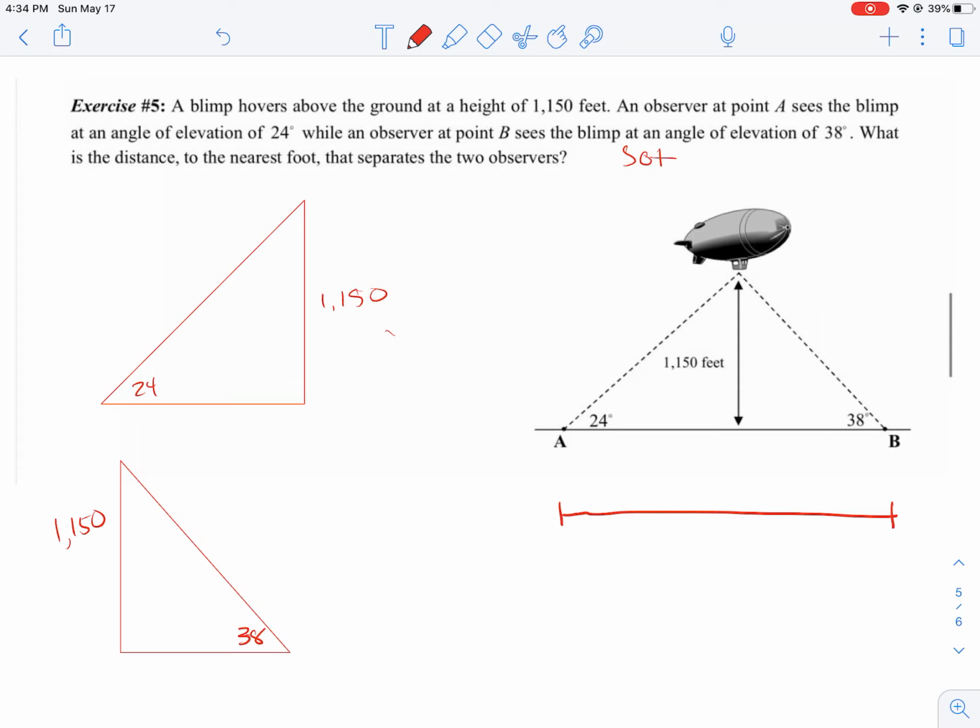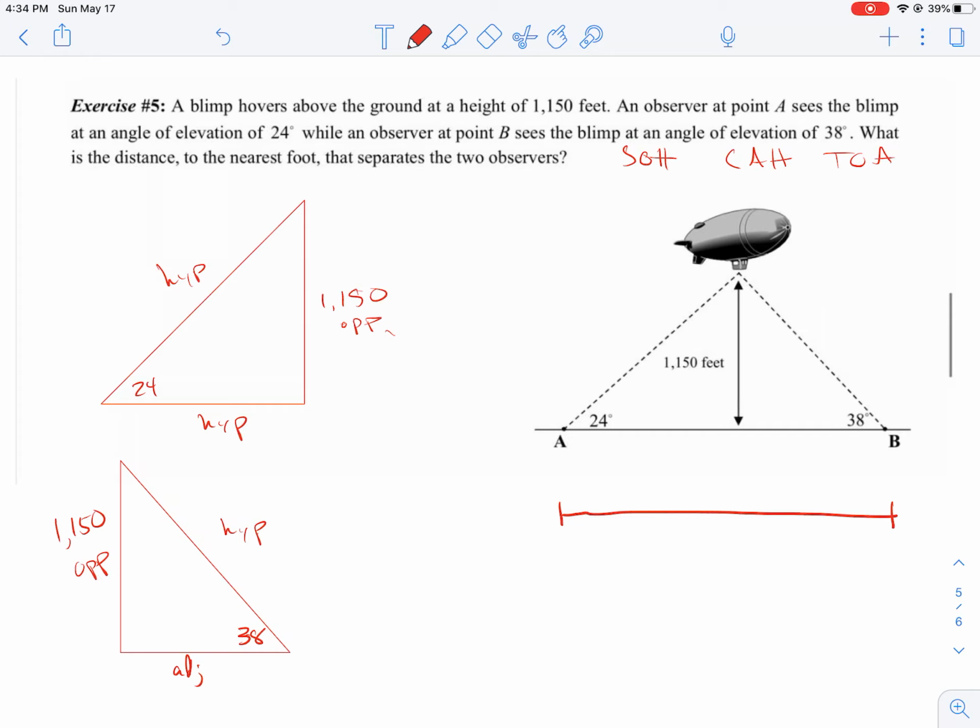You write SOHCAHTOA up here. So in both cases, we're trying to find the adjacent side. Let's talk about this first one here.